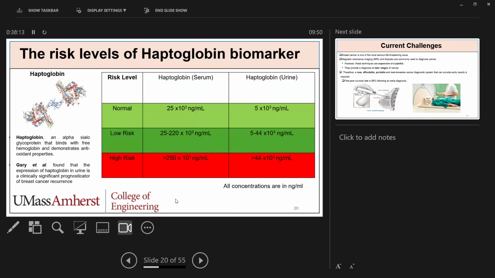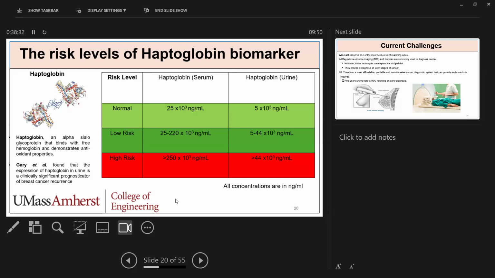So there is a level, for example, haptoglobin. It is present in both serum and urine. Normally the level of haptoglobin present in serum is 25 into 10 raised to 3. However, in urine, 5 into 10 raised to 3.